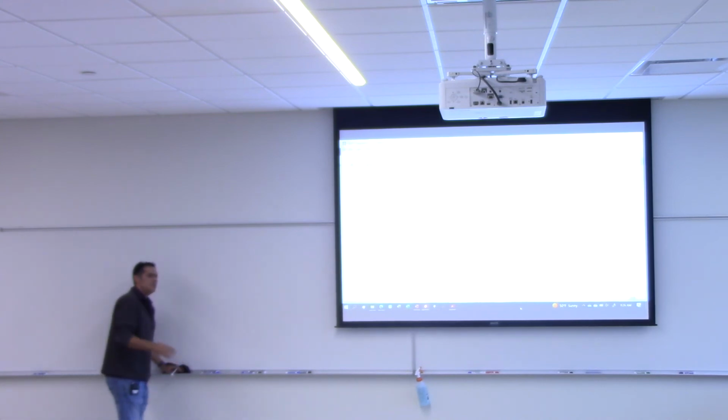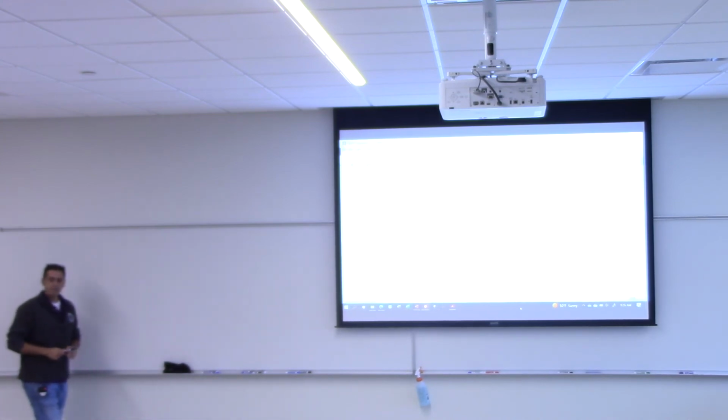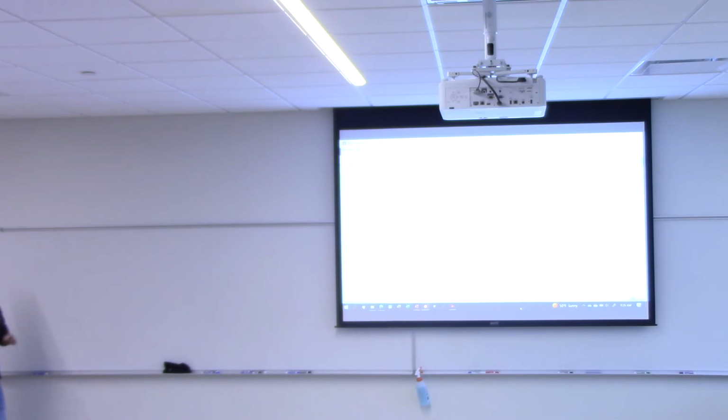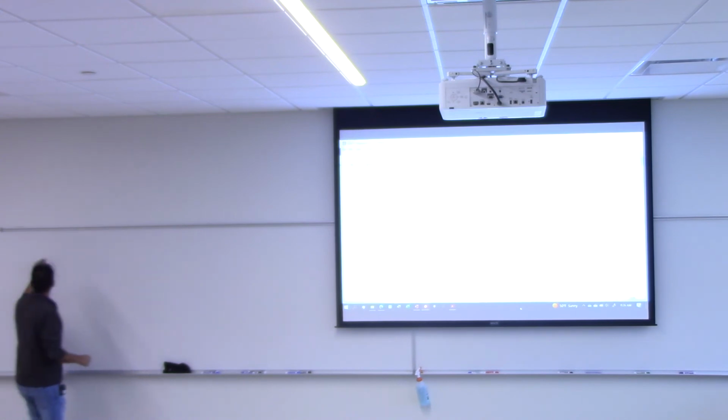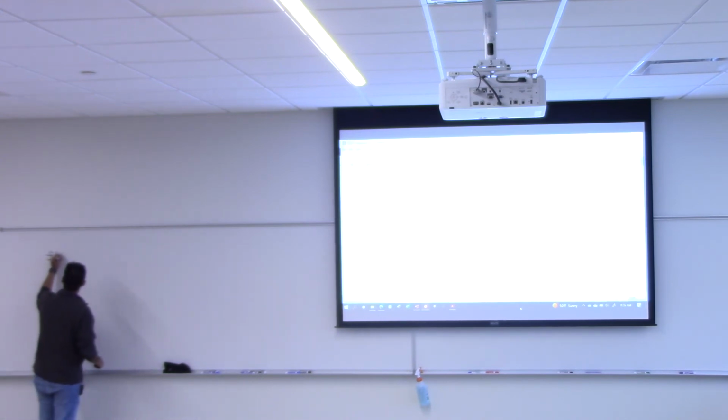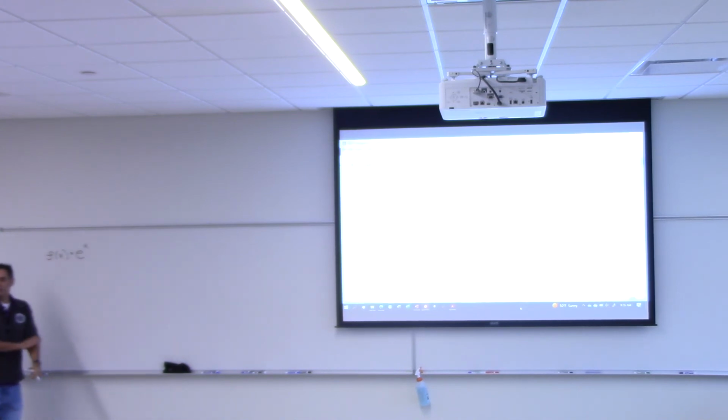I've alluded to this a little bit earlier in the semester. Let's say we're going to take a look at a function that we're familiar with. Let's say we want to take the graph of e to the x. We all know what e to the x looks like, yes? Now, e to the x is definitely not a straight line.